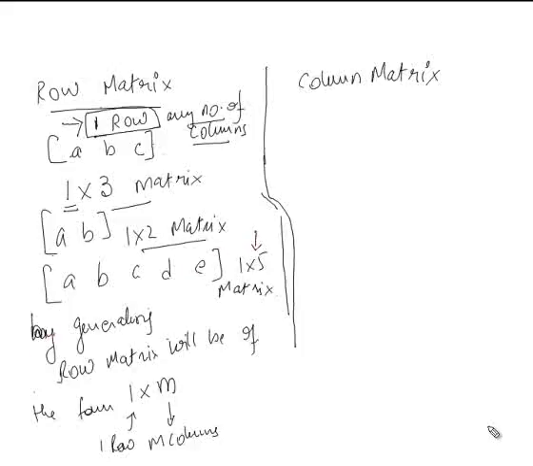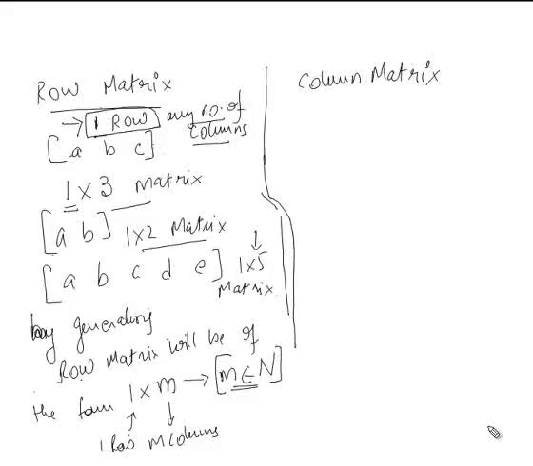So, by generalizing, a row matrix will be of the form 1 cross m, where 1 is the row, m is the number of columns, and m is a natural number. Remember that. M is a natural number. M cannot be a fraction. I cannot have one row and 3.5 columns or 3.7 columns.